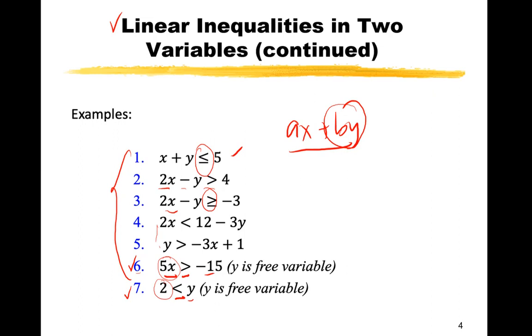But still, it's considered a linear inequality in two variables. Because in this case, sa ating number 6, variable y is free, meaning it can take any value of y. And for number 7, ganun din, we are lacking with the term containing x. That's why we call x here, this should be x, as the free variable.